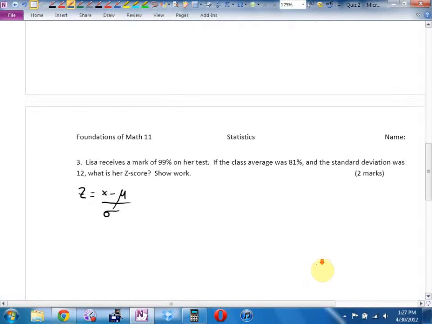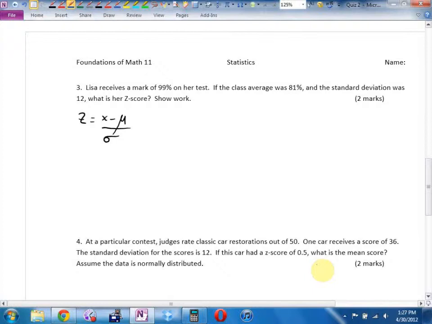Now we did some of the new stuff, finding Z-scores. So Lisa receives a mark of 99% on her test. If the class average was 81 and the standard deviation was 12, what's her Z-score? Show work.